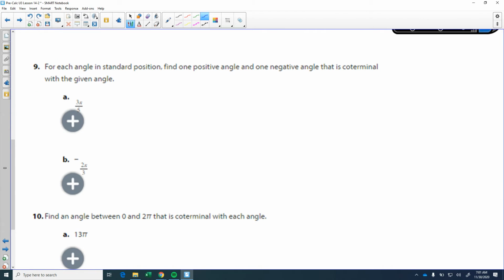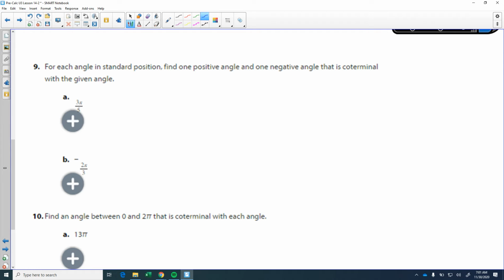Next, we want to talk about coterminal angles, understanding how we can actually find coterminals of each. We talked about how with degrees, a coterminal is 360 positive or negative degrees from that actual value. It's one complete rotation. The same idea applies here, and I'm going to add 2 pi to each of these values. However, because it is a fraction, to add or subtract them, I have to get them into like terms. I have to get the denominators to be the same.